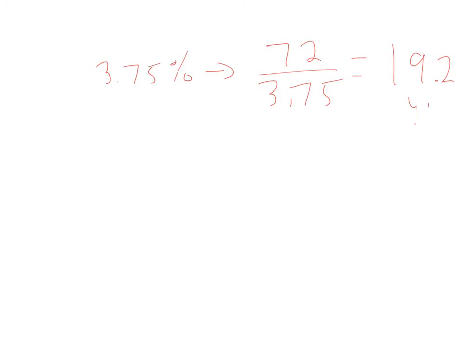If our interest rate is 3.75, then I'm going to take 72 divided by 3.75, and that's going to give me 19.2. So that's pretty close to what we got. We got 18 point something on the other page there.